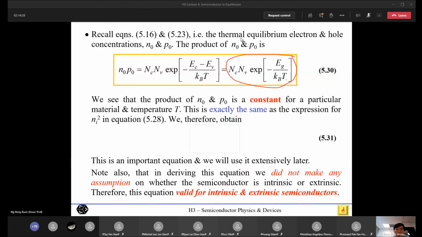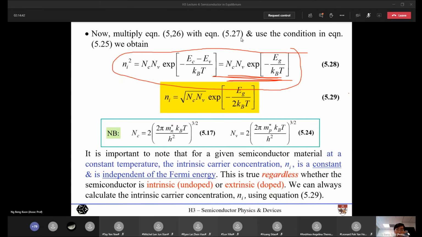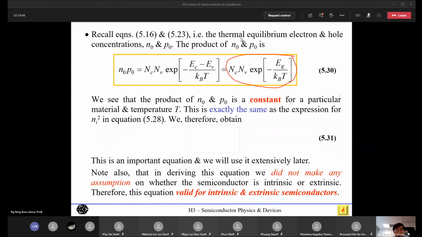This NC NV exponential minus EG over kBT is the same as what you get with Ni squared. So the expression we get is the same as N0 P0. This allows us to write another expression, N0 P0 equals Ni squared, relating the concentration of electrons to the concentration of holes via the square of the intrinsic carrier concentration.